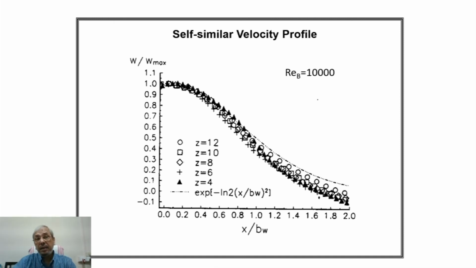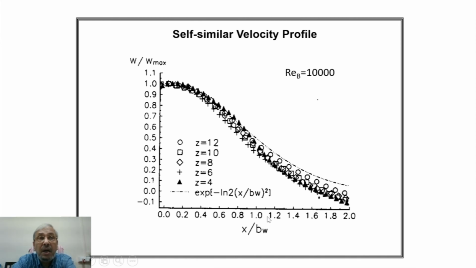Any height from the plate, or any level or depth from the nozzle. If we plot W by W max, that means local velocity from the nozzle center line, by the center line velocity W max at a given jet, and the other axis will be distance from the center line by BW.